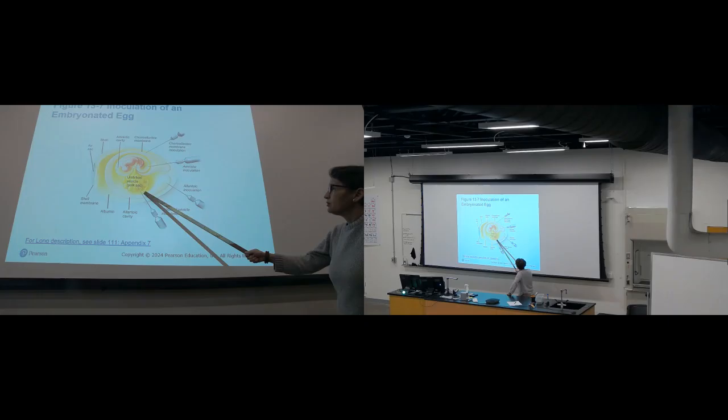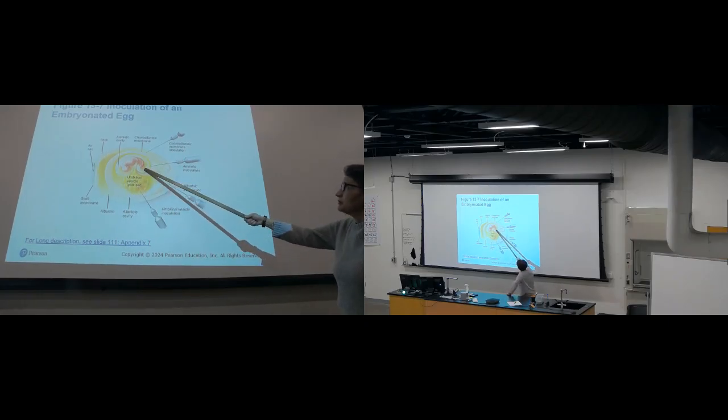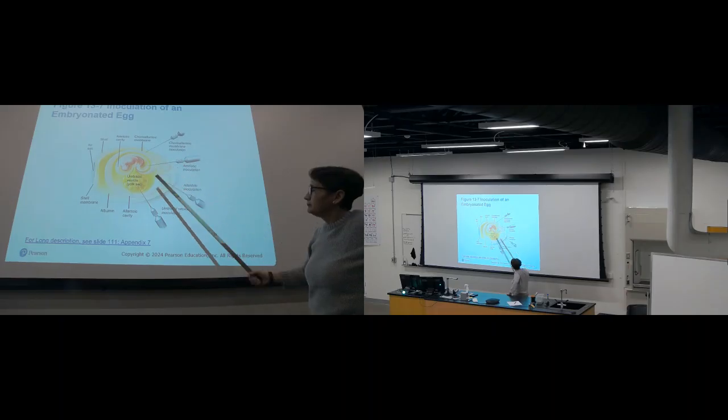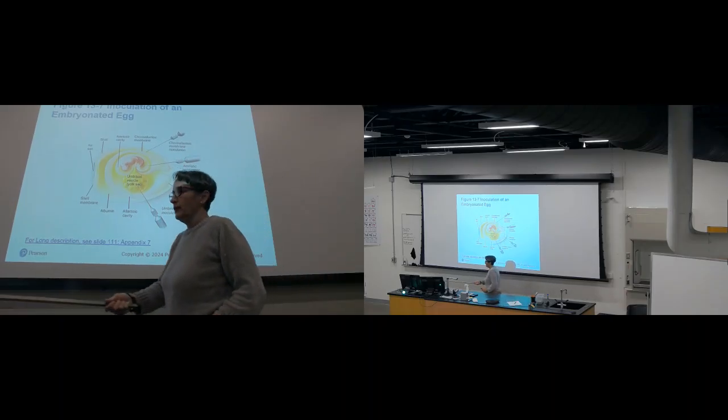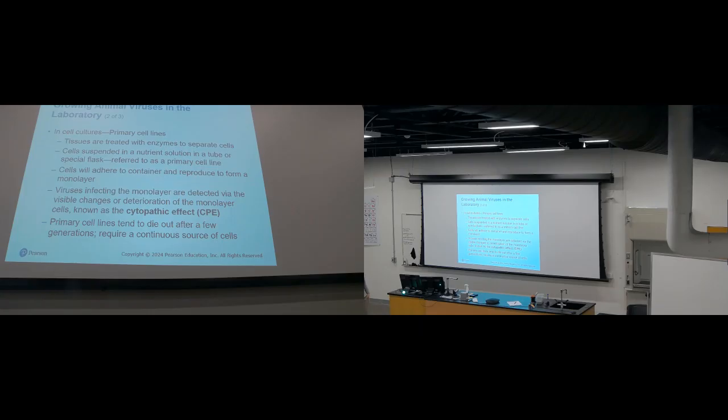You can inject it into the allantois or into the amnion or into this membrane, the chorioallantoic membrane. And why would you inject it in different places? Well, because again, you have receptors in certain areas that are specific for the virus that you would be growing.